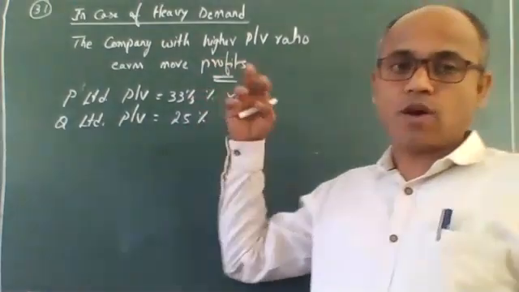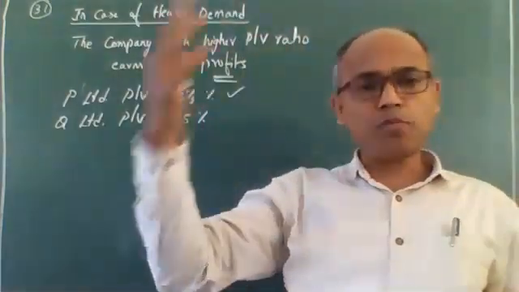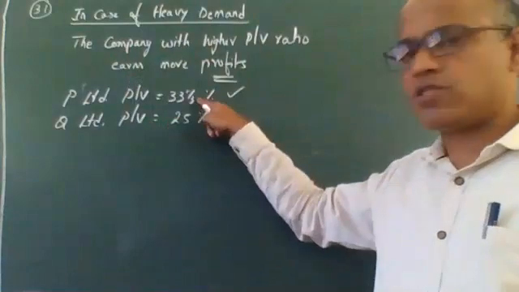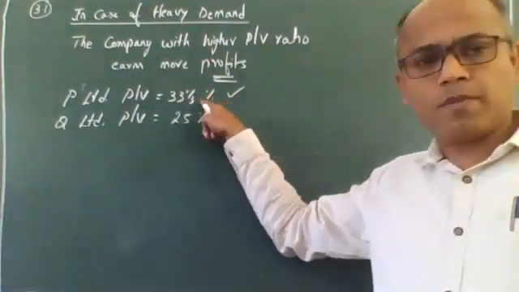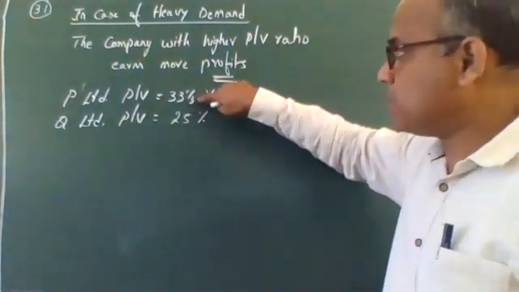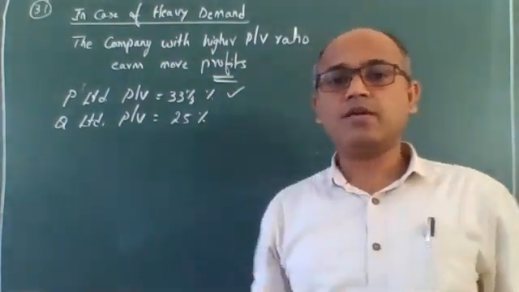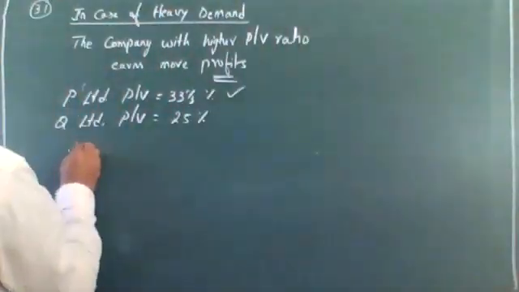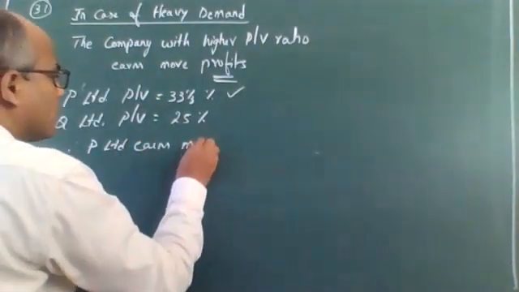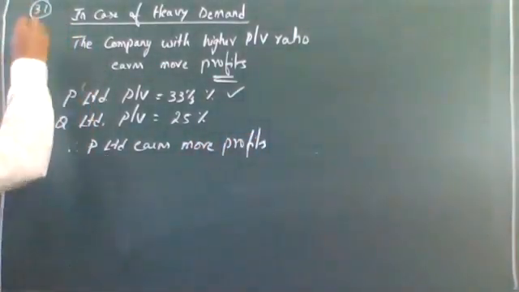As you are selling more and more units because you have heavy demand, the sales increase, and variable cost also increases proportionately. The contribution also increases proportionately, but the fixed cost remains constant. Therefore, this company, which gets a 33% share of the sales, will definitely earn more profits. So therefore, P Limited earns more profits. Okay, this is the first case.